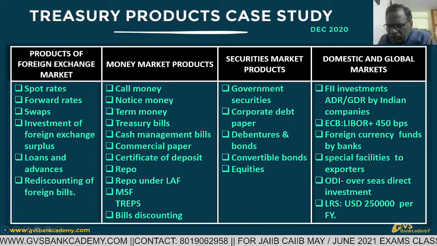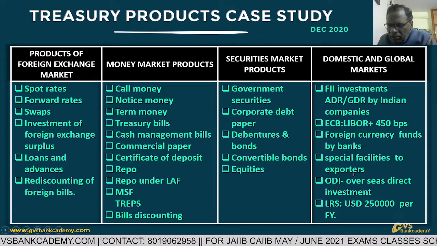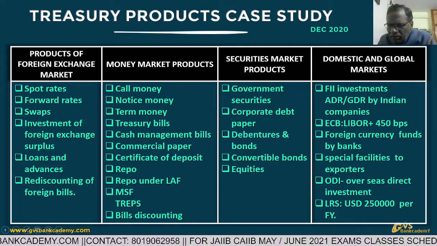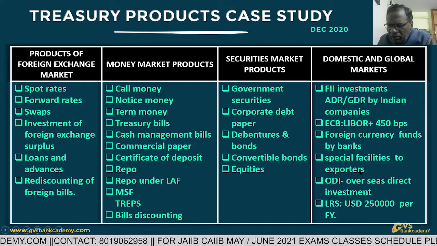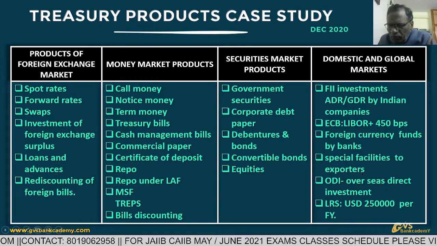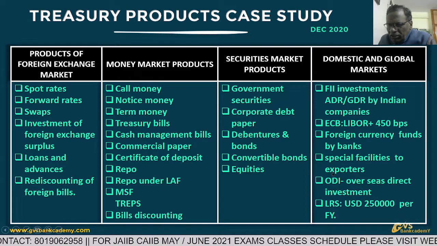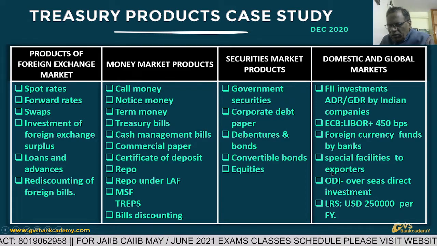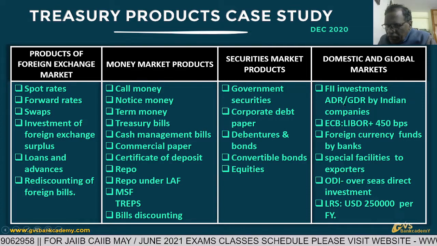This is the special facility to exports because exports come under thrust area number one. This is the priority for the Indian economy. We need a lot of foreign currency, that's why. And for exporters, each borrowal account up to 40 crores comes under priority sector. That's why this is also important.